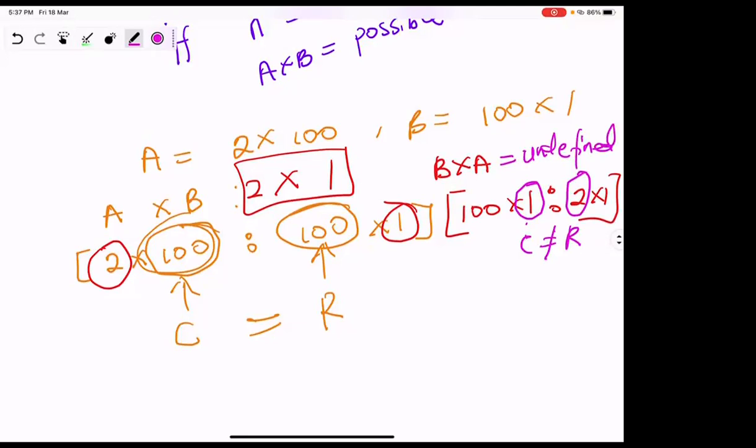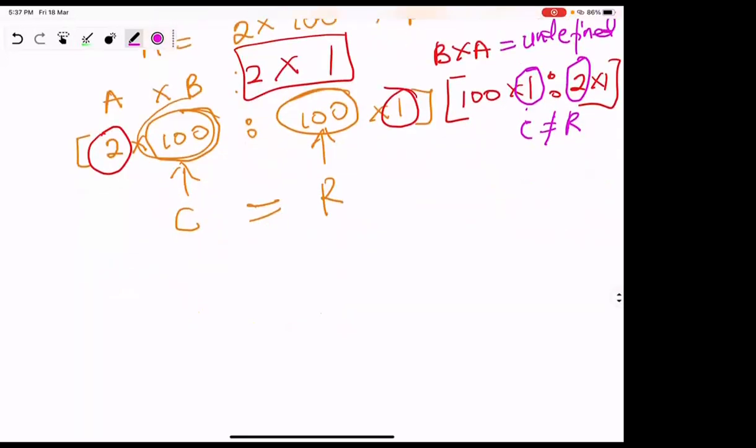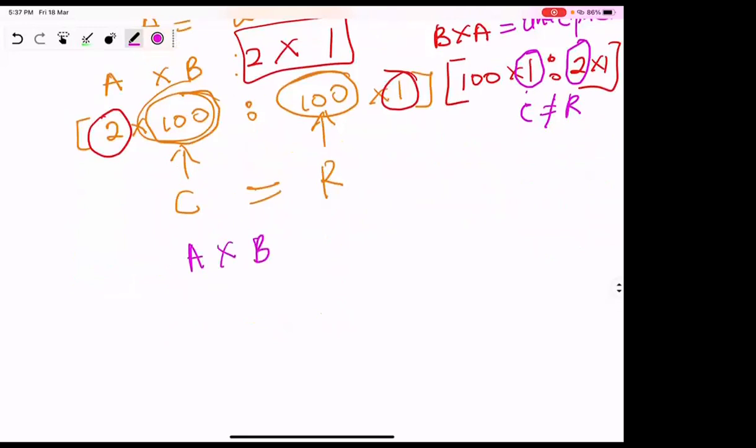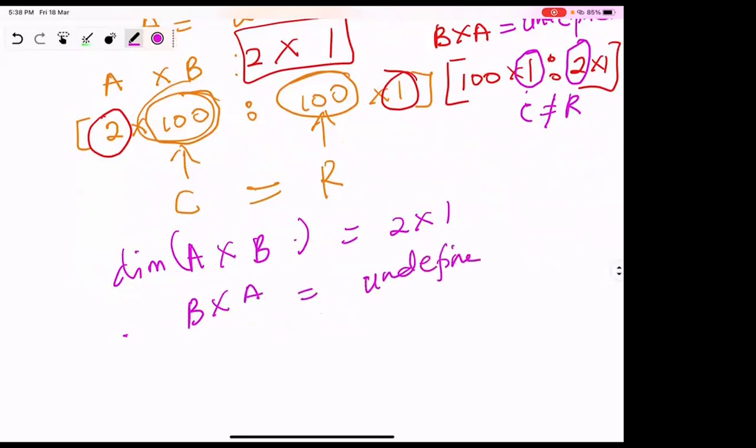So you notice that for the same two matrices, A times B exists, and the dimension is given by 2 by 1. But for B times A, this matrix does not exist.